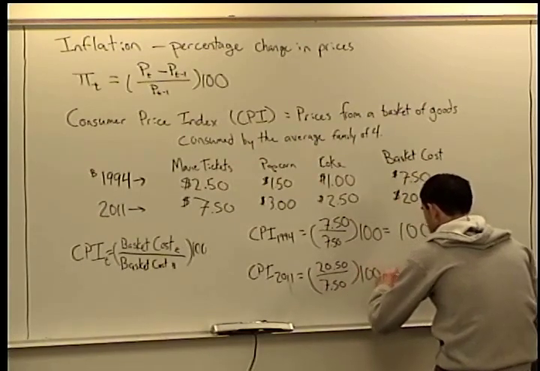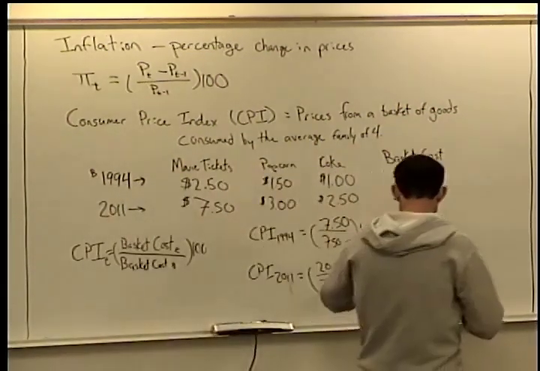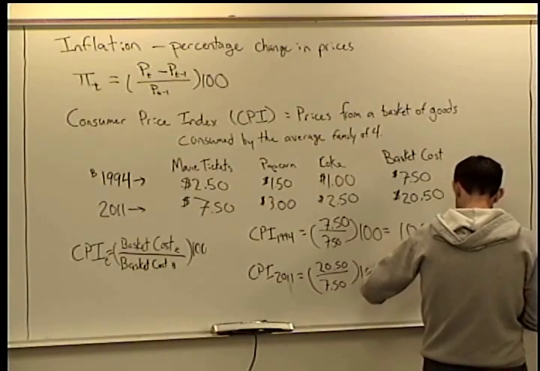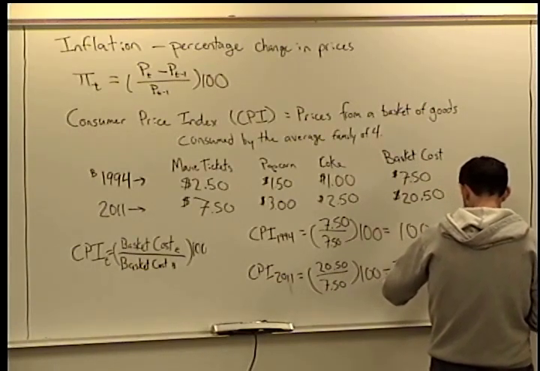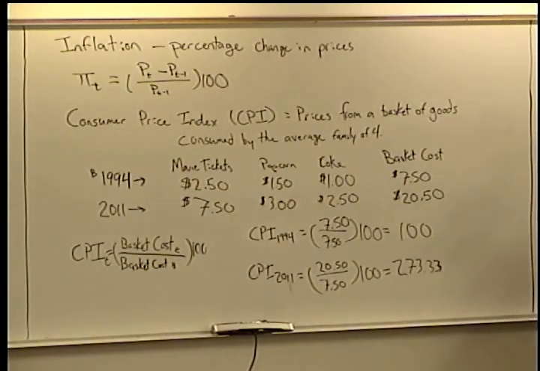Multiply that by 100, and we come up with $273.33. Okay, so that's saying that we look at how far this has risen, and the CPI rose from 100 in 1994 to 273.33 in 2011.